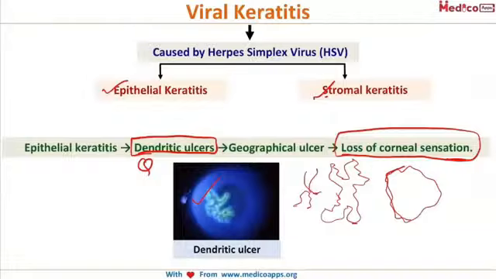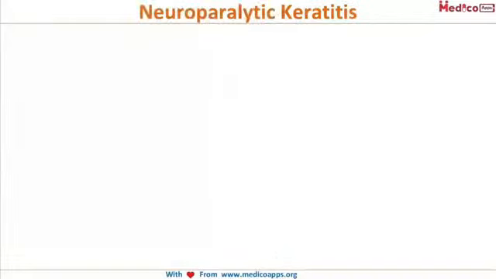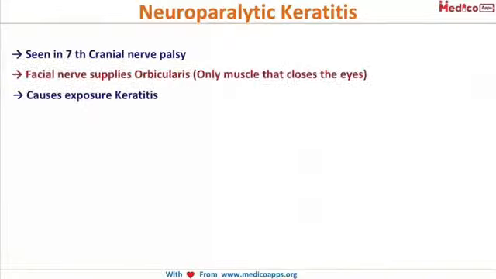And there are two types of keratitis that I would like to share with you now. The first one is the neuroparalytic keratitis. As the name suggests, it occurs due to the palsy of the seventh nerve. Try to remember here, seventh nerve is neuroparalytic. It is a kind of exposure keratitis, that is, the cornea is exposed to the external environment.